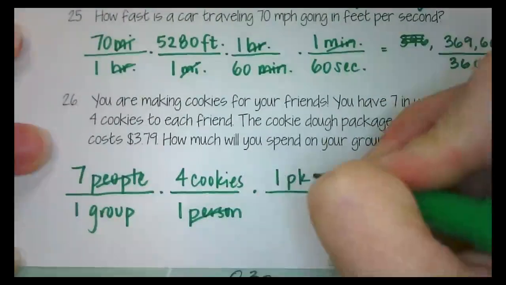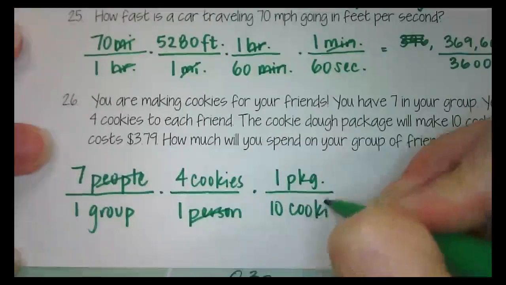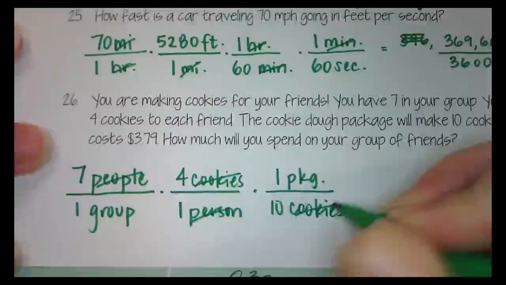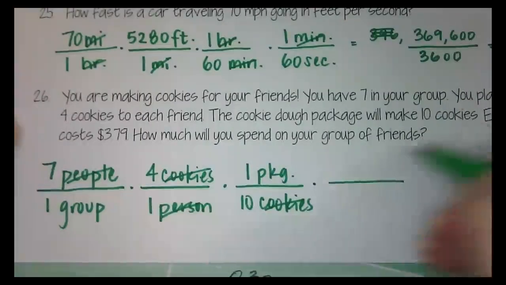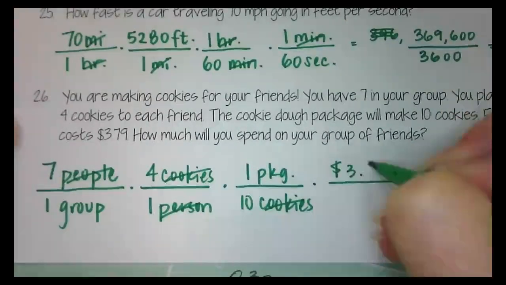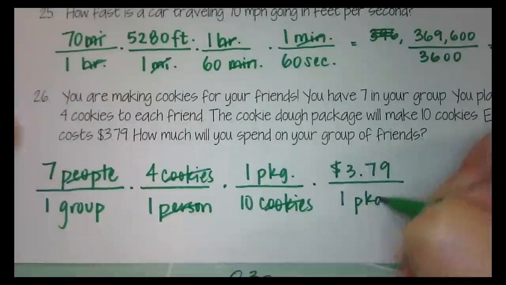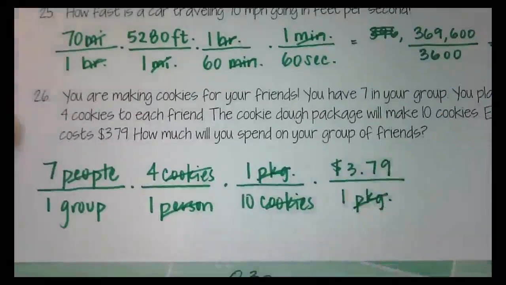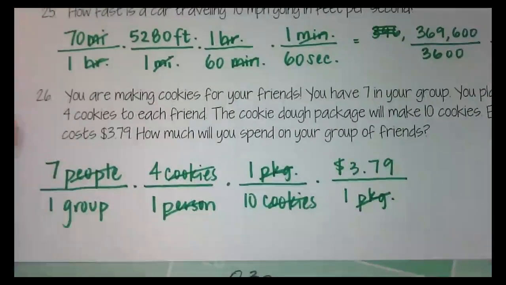So one package will make 10 cookies. So that'll get rid of our cookies. All right, and then we know that it's $3.79 for one package, which will cancel out our package.